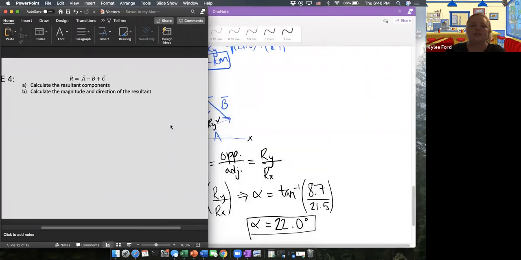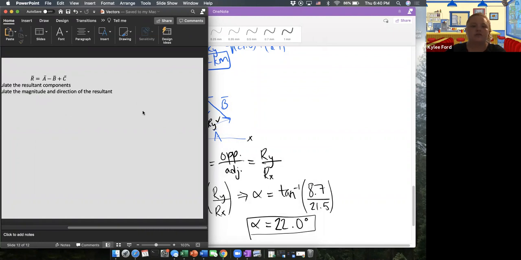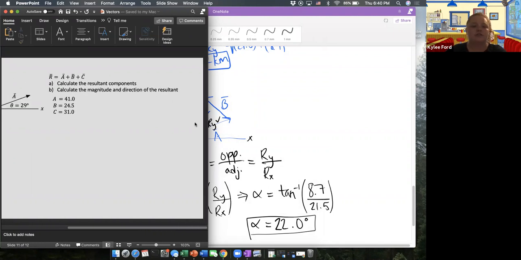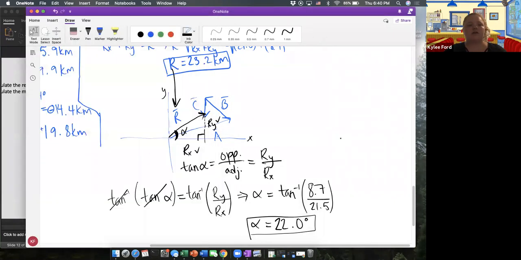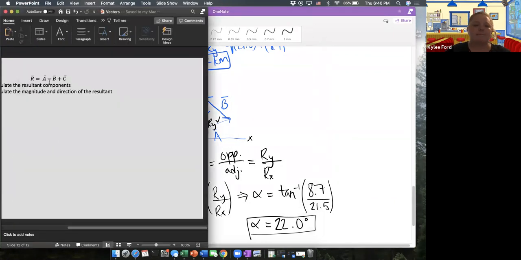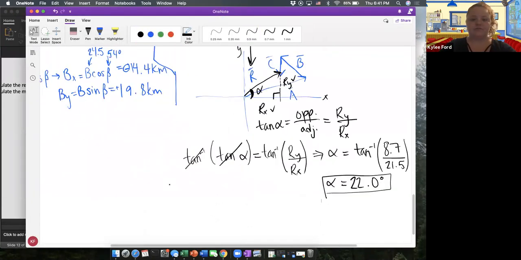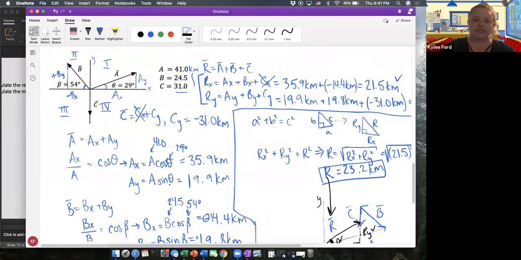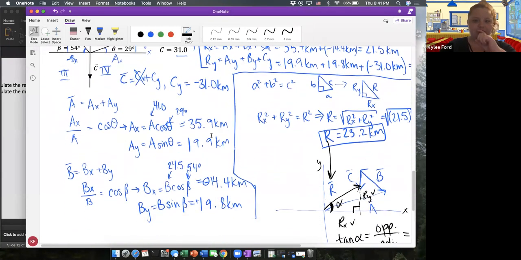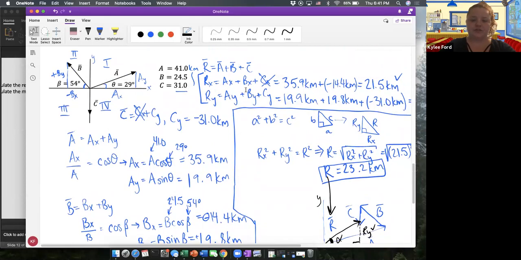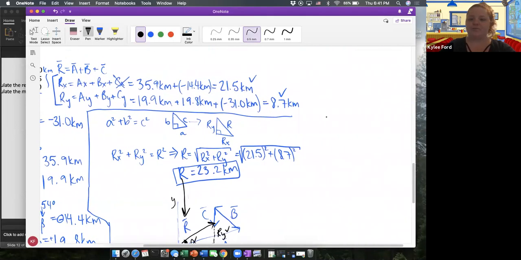The only difference is my R is now going to be A minus B plus C. All of our magnitudes are going to be about the same, but our algebra here is going to be different. So now R equals A minus B plus C.